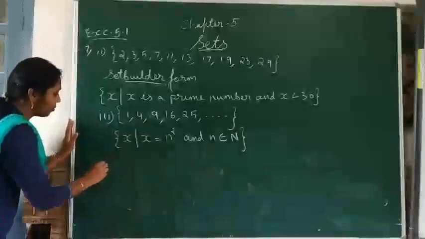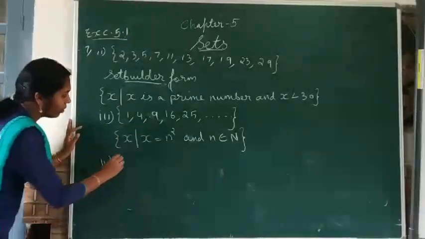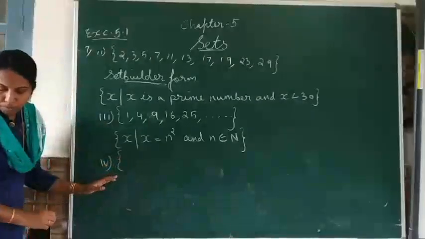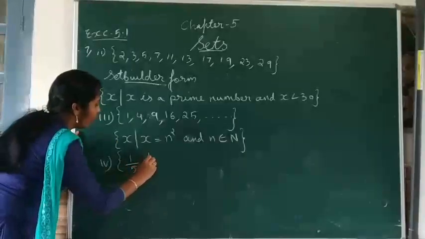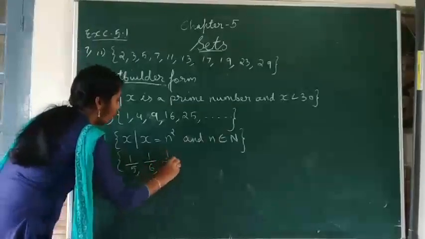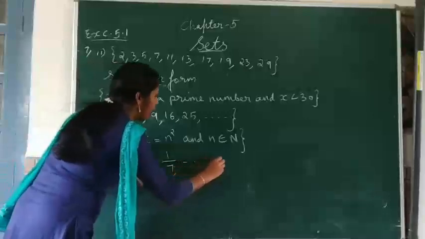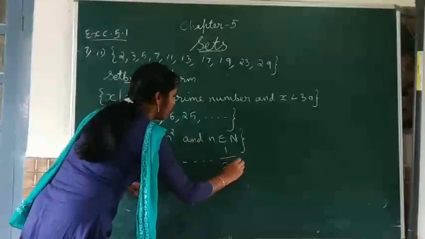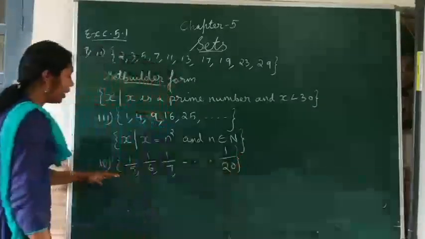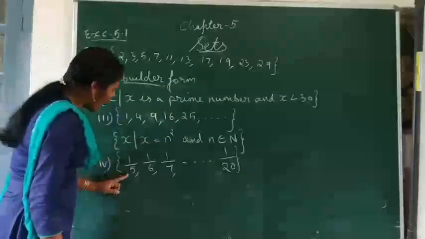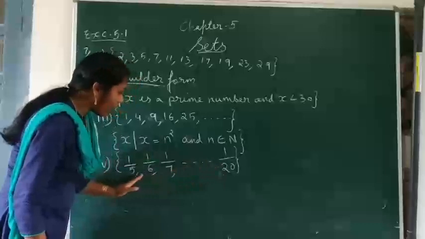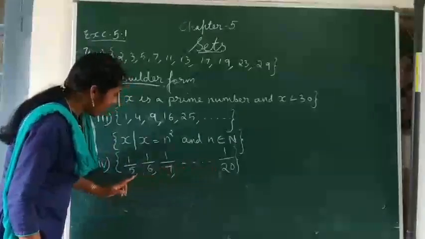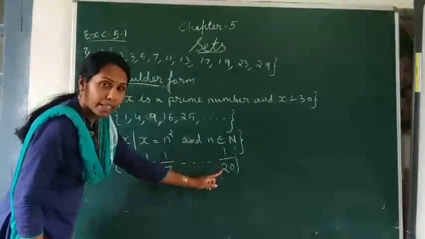Now, question 4, the roster form is given as 1 by 5, 1 by 6, 1 by 7, etc. up to 1 by 20. Here, the denominators are 5, 6, 7 up to 20. They are natural numbers starting from 5 and ending at 20.